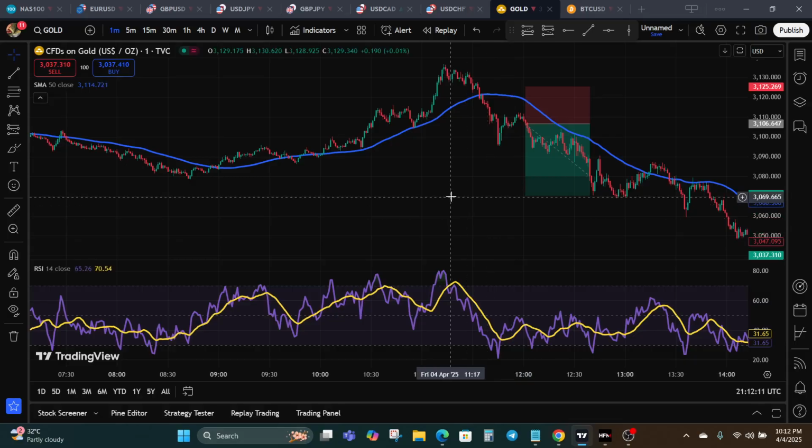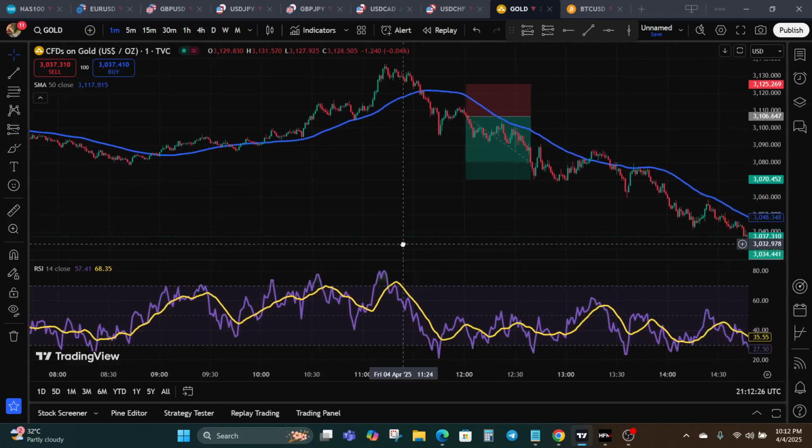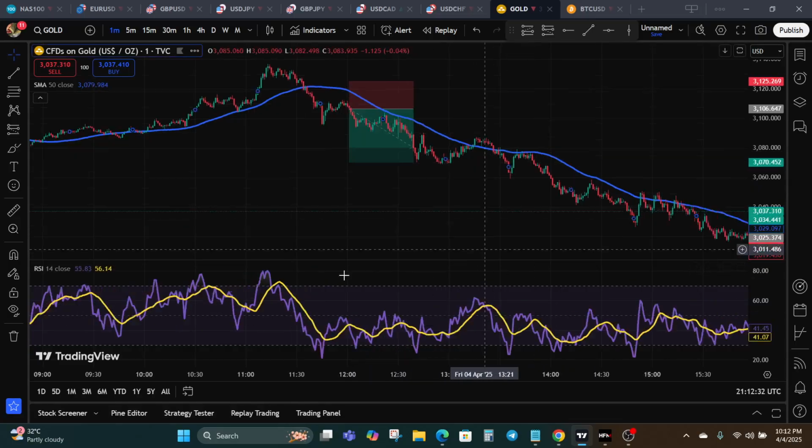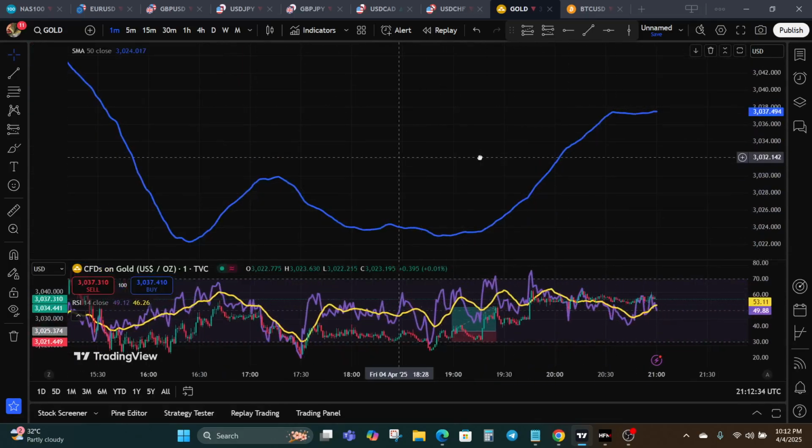Always wait for confirmation, no guessing. Let the indicators do the work. For your exit, you can decide to use a fixed pip target based on recent volatility, or you can just exit when the RSI returns to neutral territory. You can use predetermined support levels for sell or resistance levels for buy.